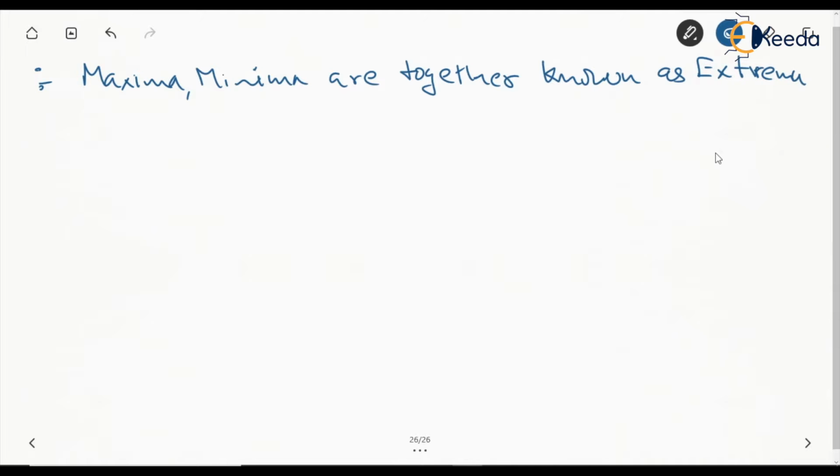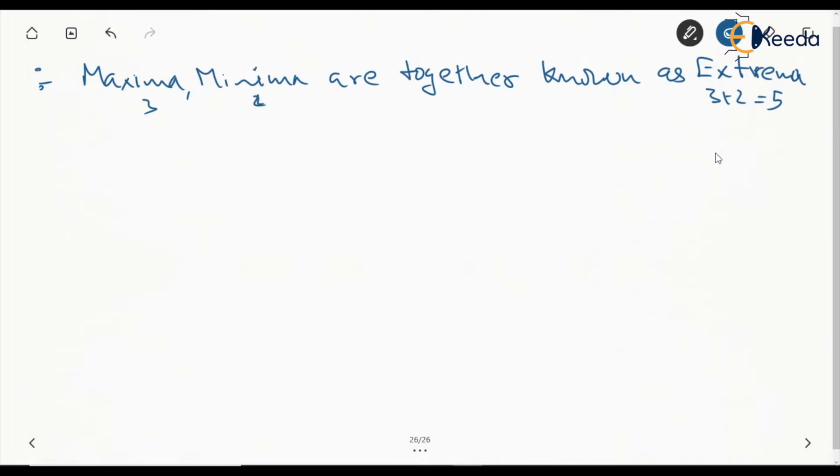So if there are, let's say, three maxima and two minima, then they may ask what is the total number of extrema. They can say 3 plus 2 is equal to 5, right?